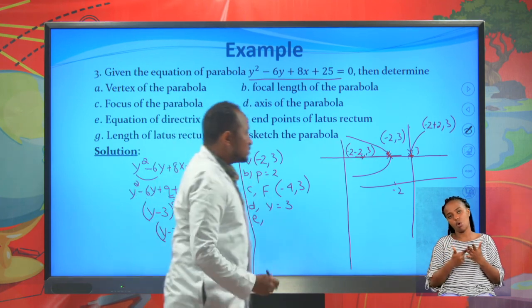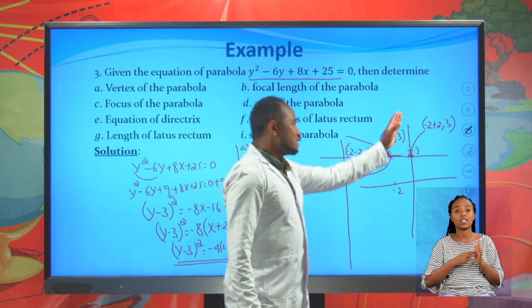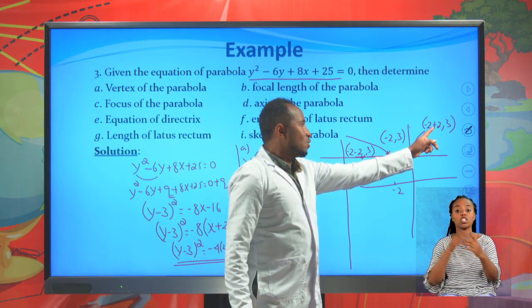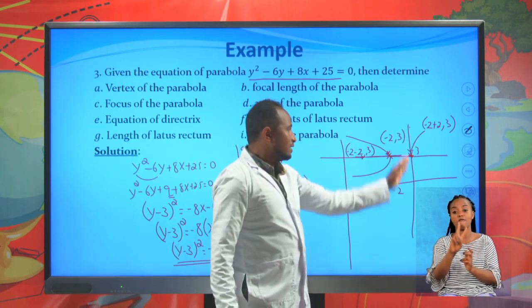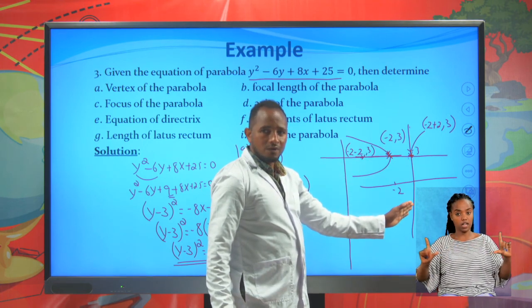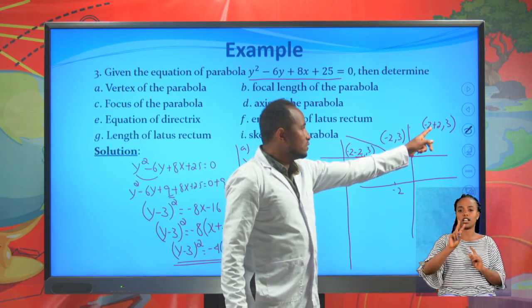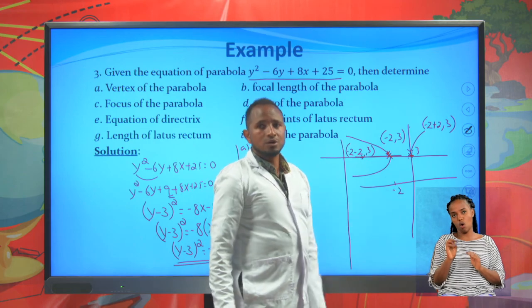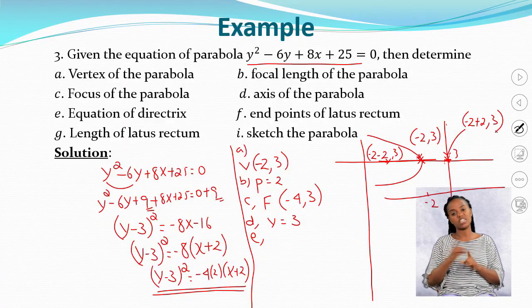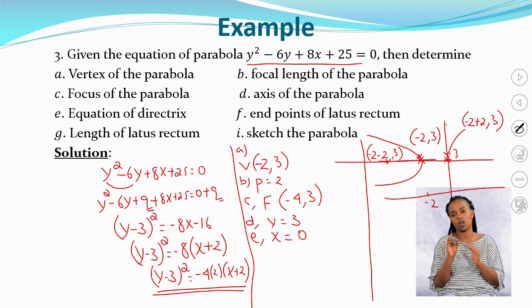That means the directrix passes through 0, 3 and it's a vertical line. Therefore, the vertical line x equals 0 will be the equation of the directrix.